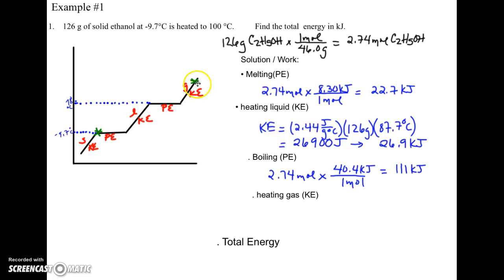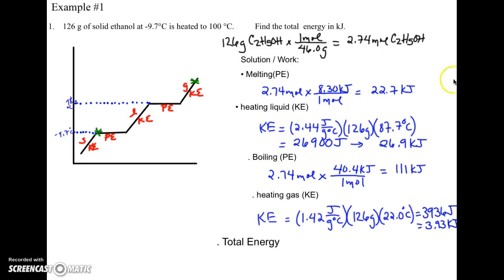So finally I can get to calculating the kinetic energy associated with heating the gas. So I take my kinetic energy, this again is the MCAT formula, which is the specific heat, which is 1.42 joules per gram degrees C, times the 126 grams of ethanol I had, times that delta T, which is now only 22 degrees C. Where did I get that from?